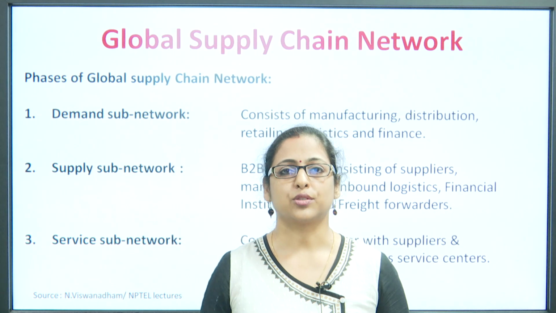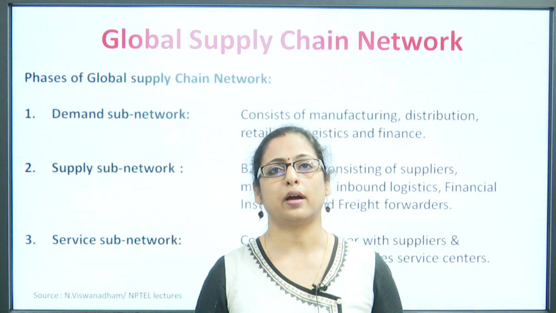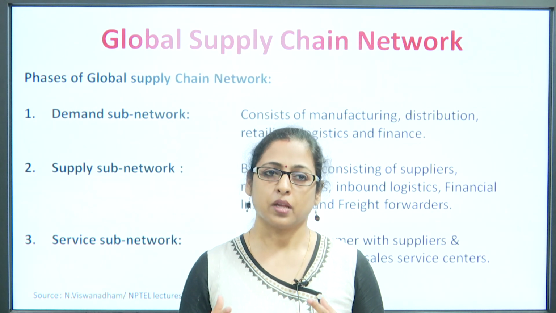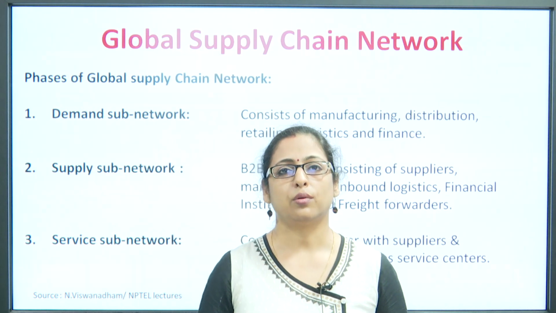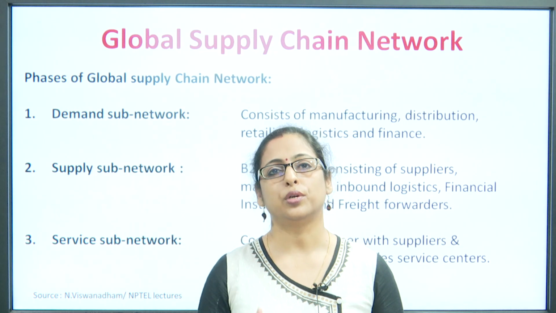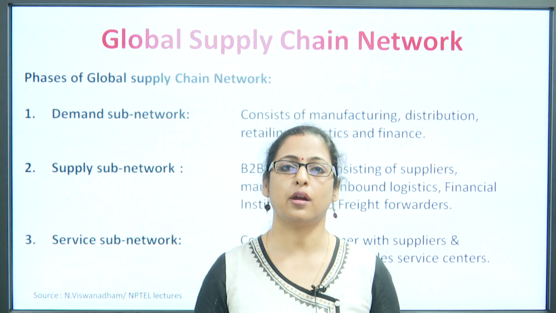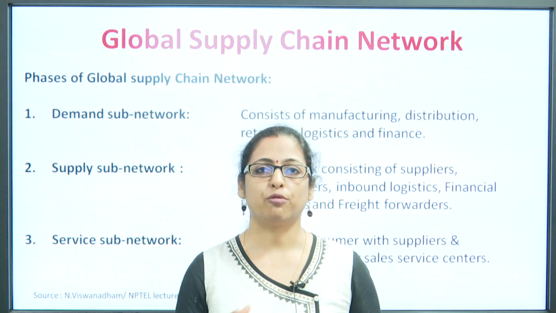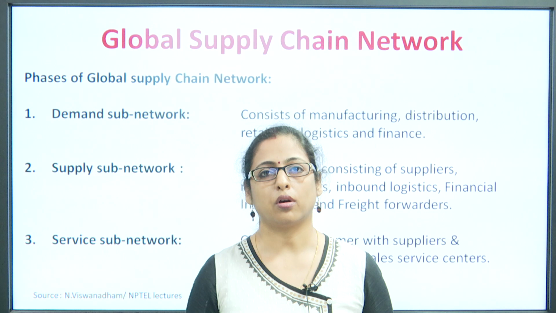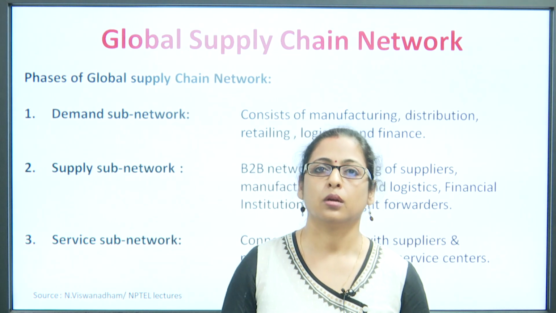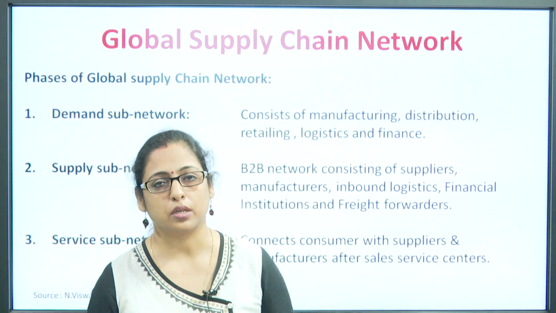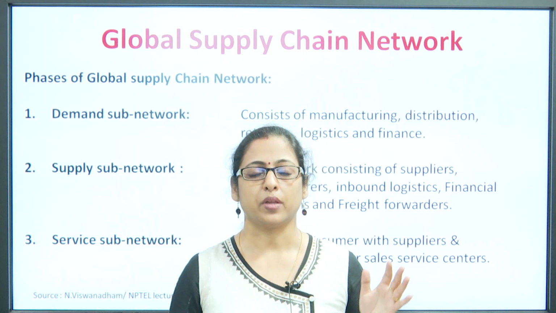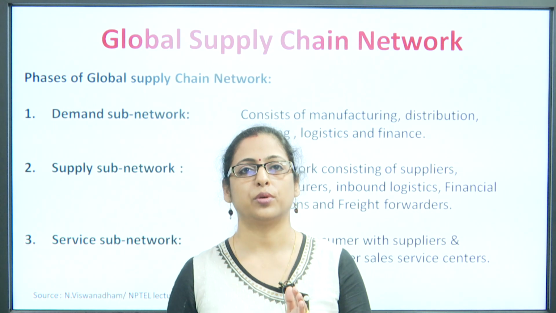When the customers are demanding, all the activities an organization does to understand what the demand is, and to produce the product to fulfill that demand, involve manufacturing, a lot of procurement, a lot of logistics, and procuring funds and finances, starting from various suppliers to the production unit.